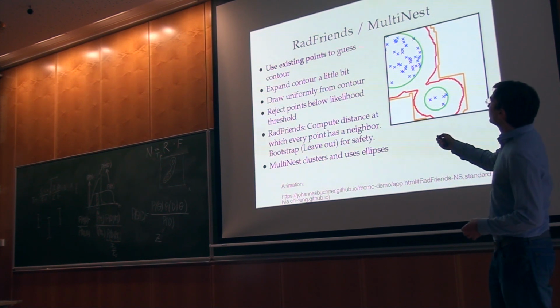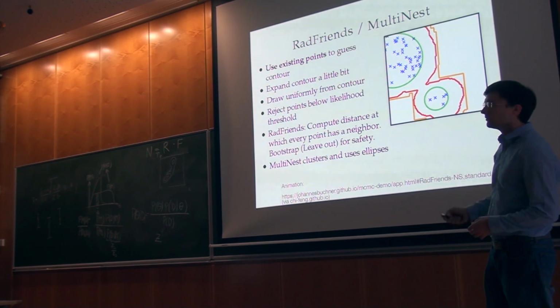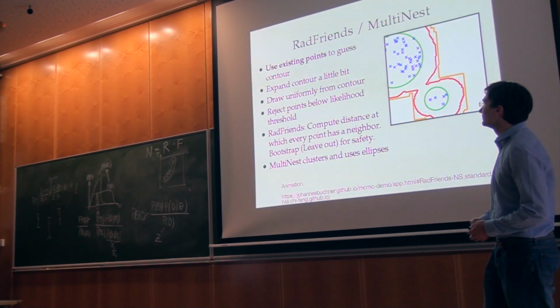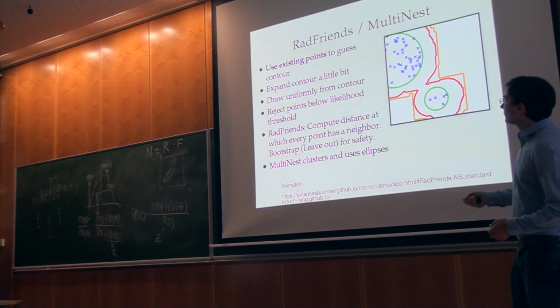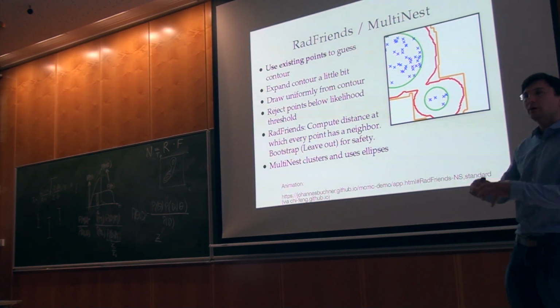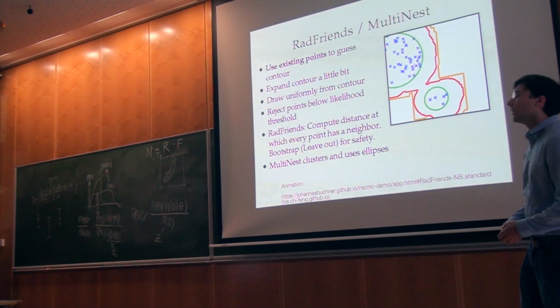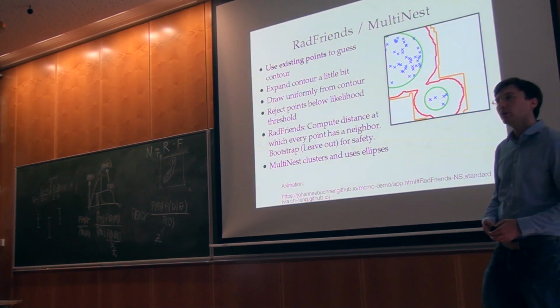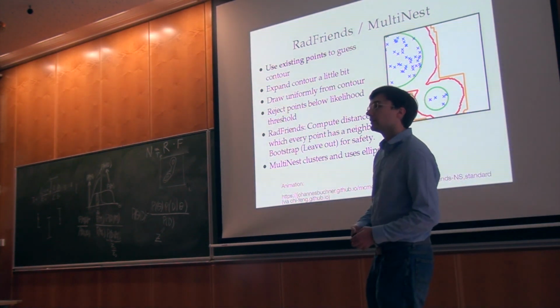So the idea of these two algorithms is to build a region around these points and sample from that region rather than from the entire parameter space. And what MultiNest does is it clusters these points into hyperellipsoids, and then it samples from these ellipsoids. And this turns out to be quite robust and sample very efficiently.